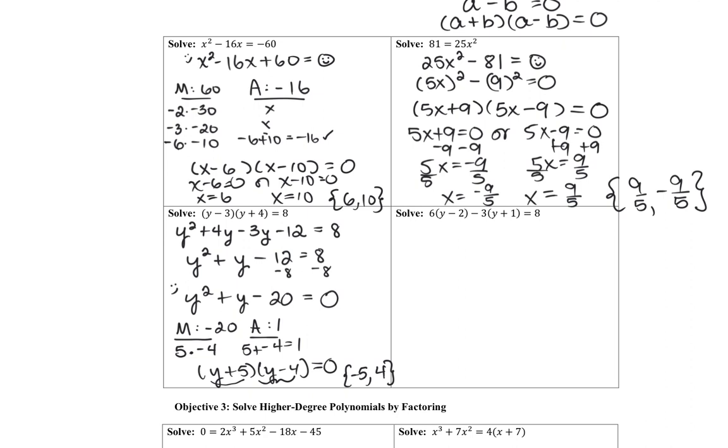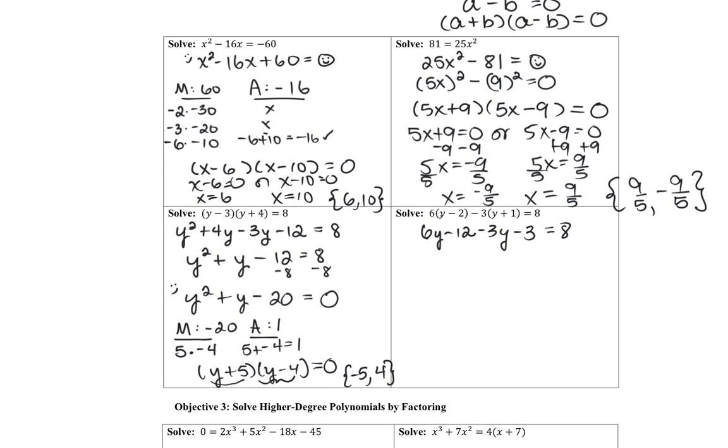Okay. Now, this one, same sort of situation, right? So let's go ahead and distribute. Order of operations says I can't do what's inside these parentheses, so I need to distribute before I can do anything else. So I'm going to get 6y minus 12 minus 3y minus 3 equals 8.